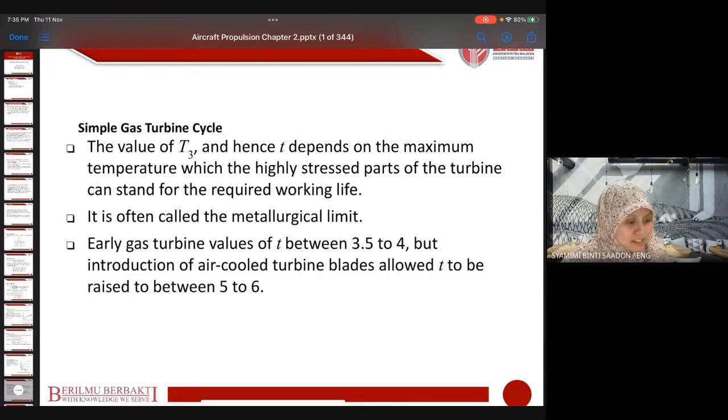Early gas turbine values of t were between 3.5 and 4, but the introduction of air-cooled turbine blades allows t to be raised to between 5 and 6. So through R&D we can increase this maximum temperature ratio to 5 or 6, so that we can increase the net work output, the power output, and the cycle efficiency.